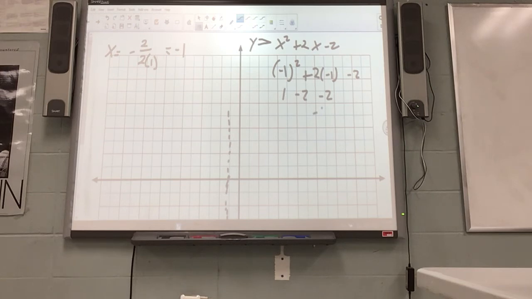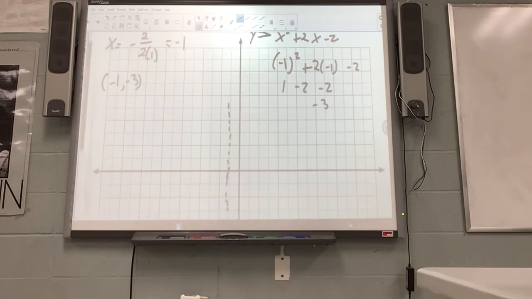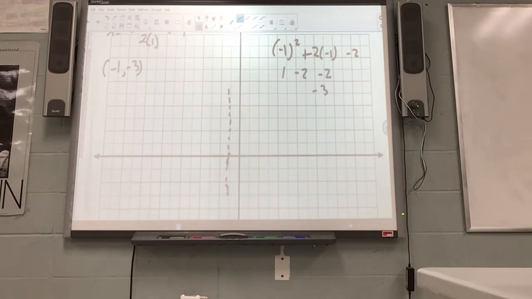Negative 1 minus 2 is negative 3. So my vertex is at negative 1, negative 3. Now, if I'm doing this by hand, I'm going to put negative 1 in about the middle.